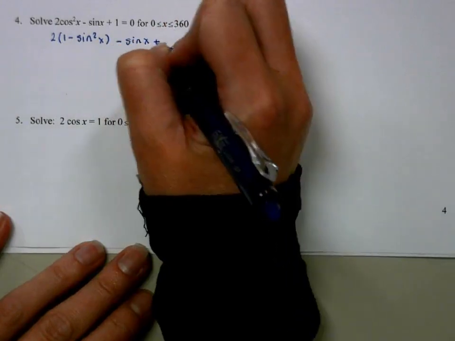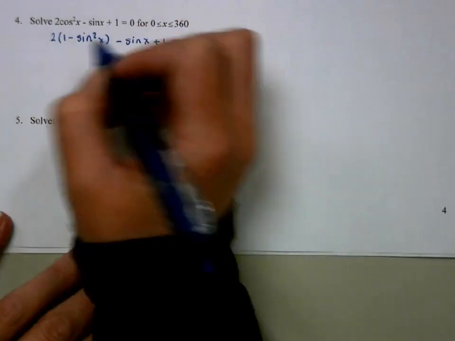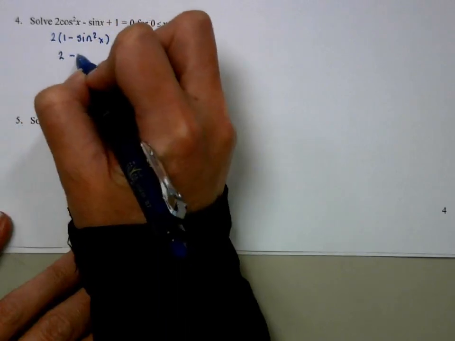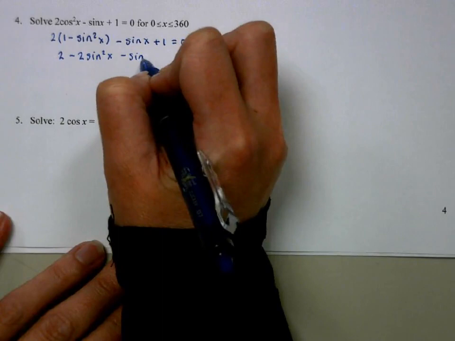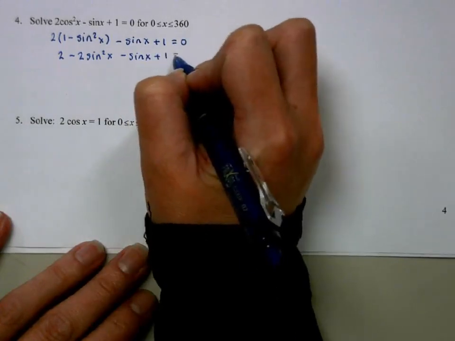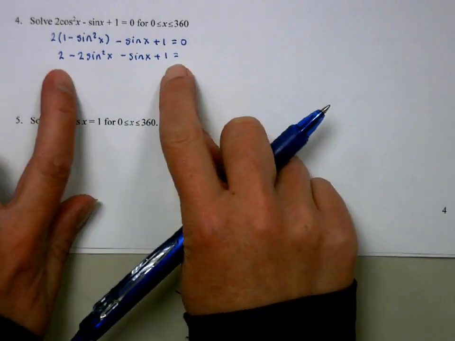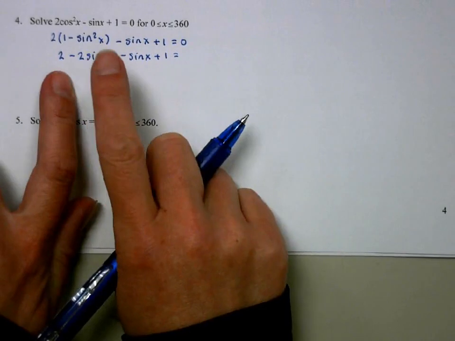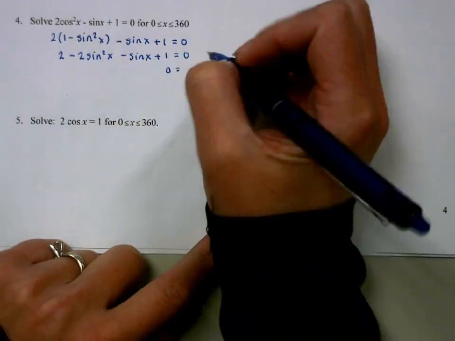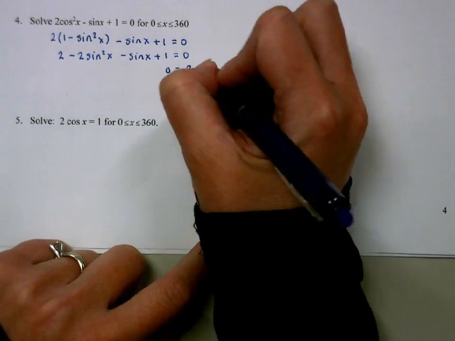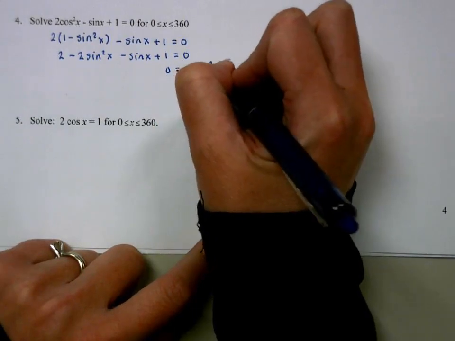So we have 2 minus 2 sine squared x minus sine of x plus 1. Well, the 2 and the 1 are going to be 3, but I don't like the fact that I've got a negative in front of these. So I'm going to move it all over here. So that'll be a positive 2 sine squared, a positive sine, and a negative 3.